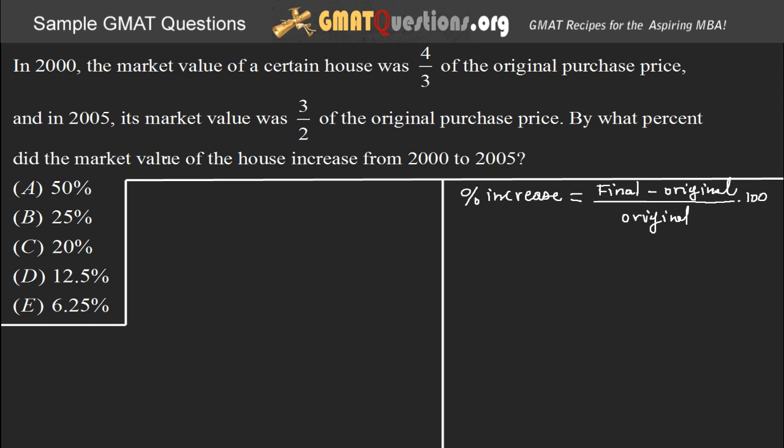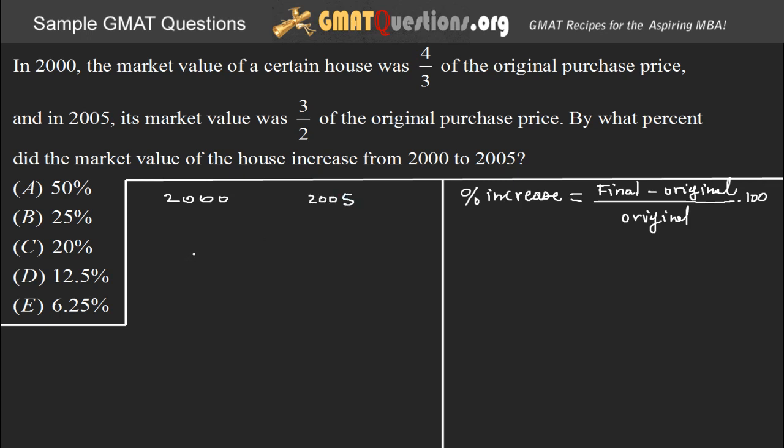It is a pretty simple question, and we just need to make sure we deal with it as fast as we can. So what we're going to do here is say that we have 2000 and we have 2005.